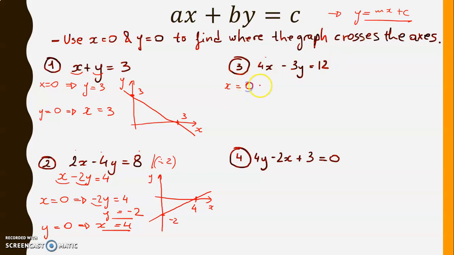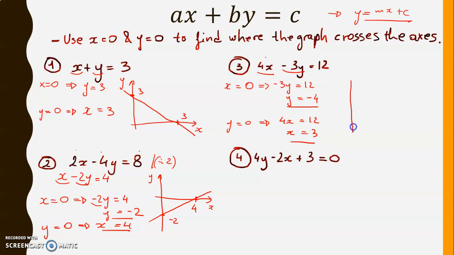So when x equals 0, this term disappears, minus 3y equals 12, and therefore y equals 12 divided by minus 3, which is minus 4. When y equals 0, then this term here disappears and we end up with 4x equals 12. So x equals 12 divided by 4, which is 3.